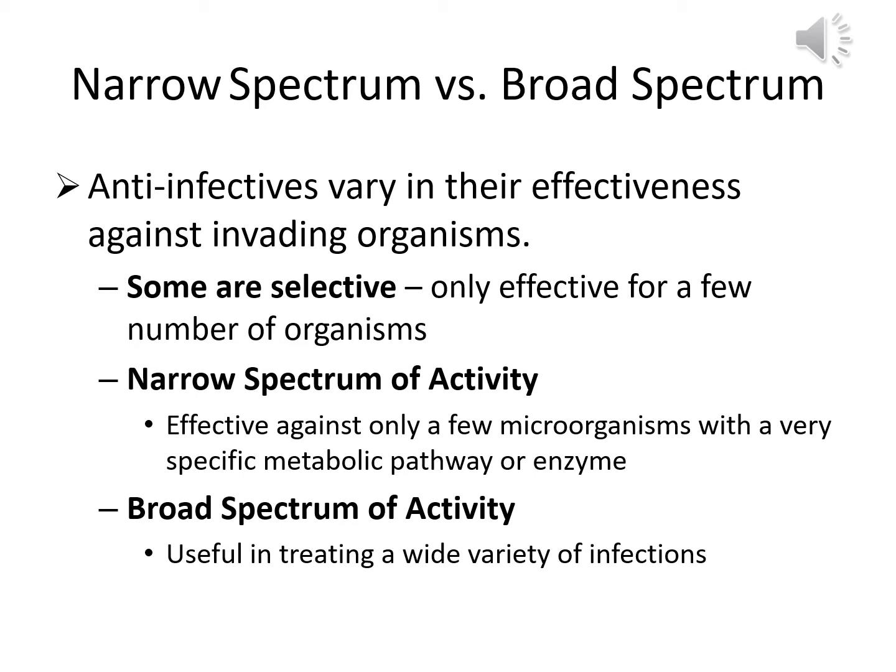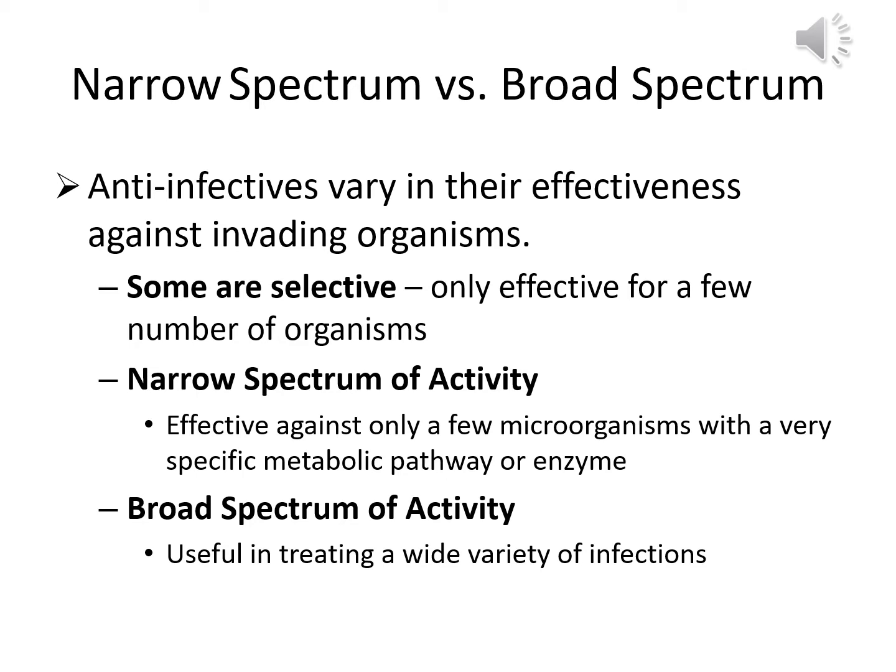For example, there are some now being synthesized and targeted at the gram-negative bacteria Pseudomonas aeruginosa. Pseudomonas would be their target, and they're not very effective against most other bacteria. Those would be highly selective or very narrow spectrum antibiotics.